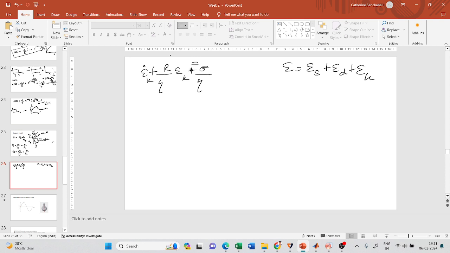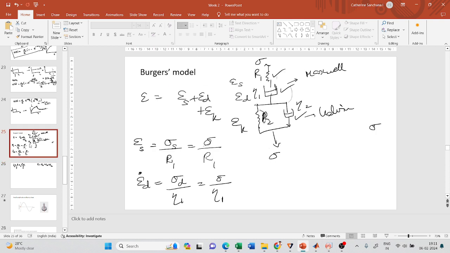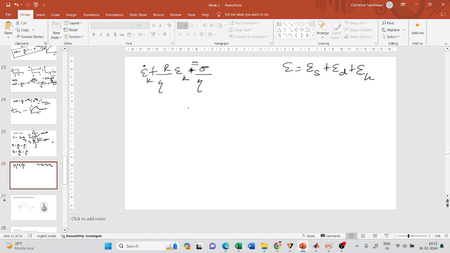Okay. So here, I can simply use the Laplace transform. So what is a Laplace transform? Whenever I have a differential equation or an integral equation, to make the equation easier, I use the Laplace transform.